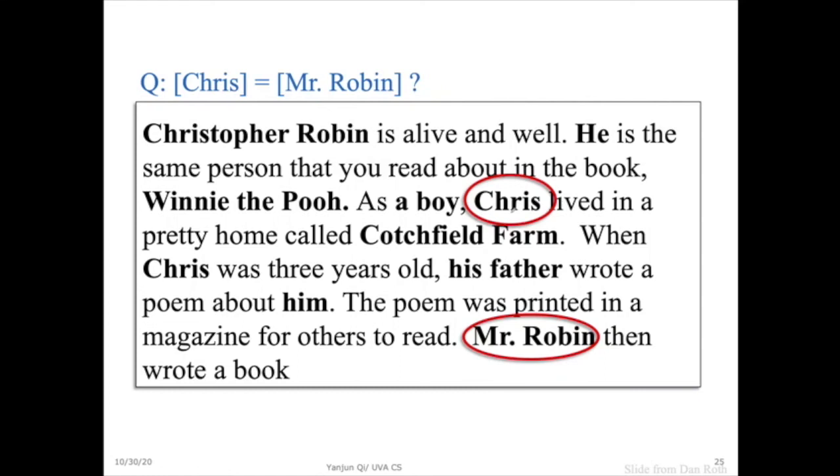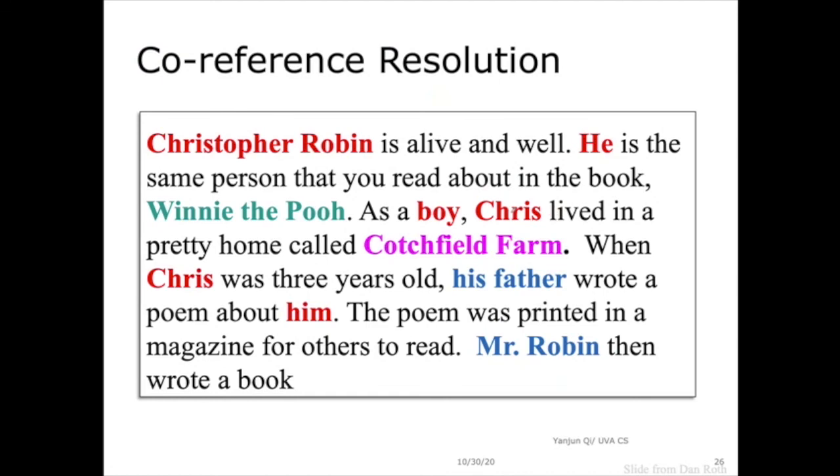You don't want to repeat, as it makes for better reading. They use different mentions of the same person. But as a computer, you have to normalize them into the same SQL element, that item in your database. And then you need to solve this task. This is called the coreference resolution task.